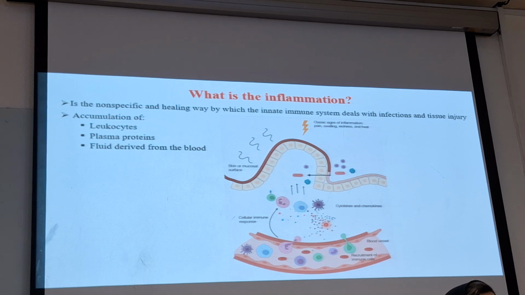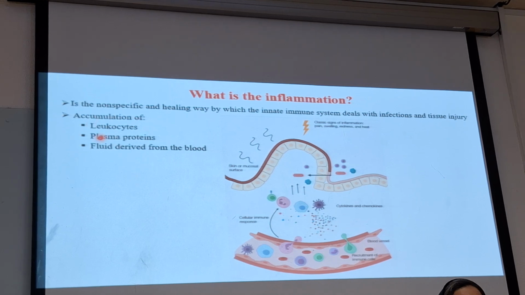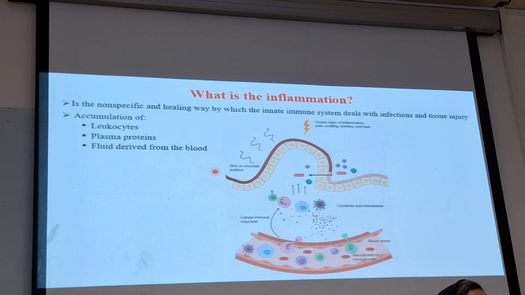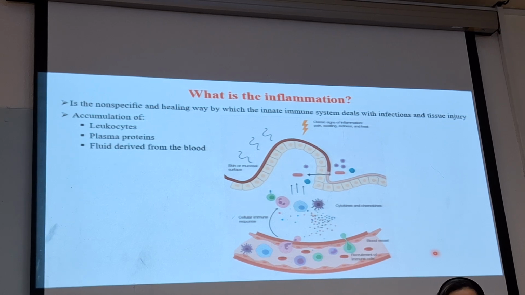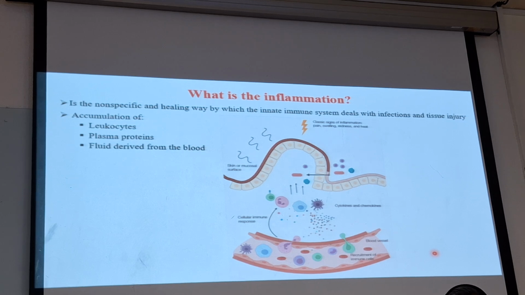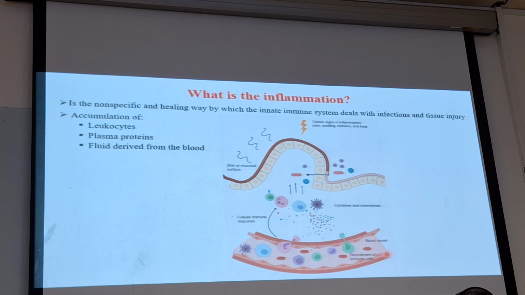And in this site, we have accumulation of leukocytes, plasma proteins, and also along with them a huge amount of serum exits from blood vessels and goes into the interstitial space, and so this event is called inflammation.